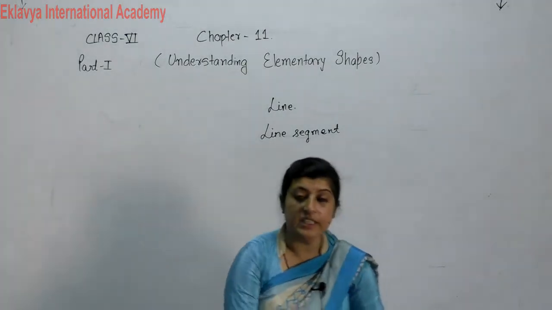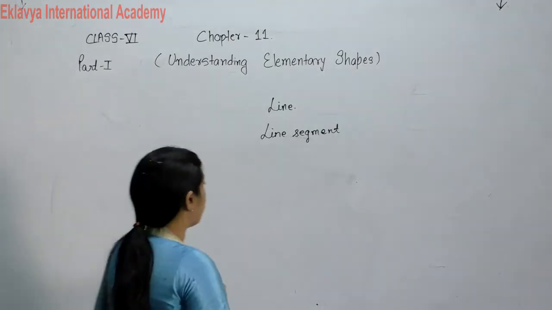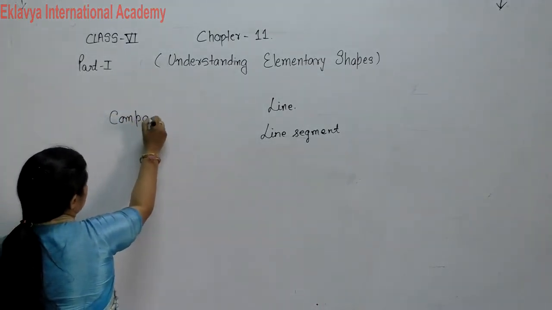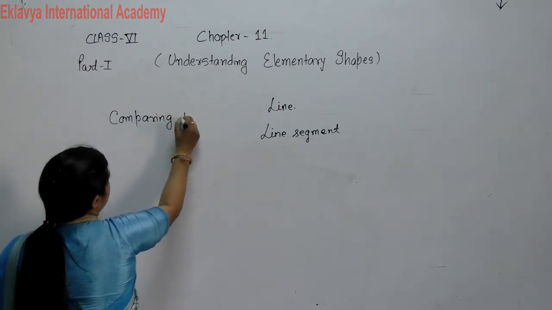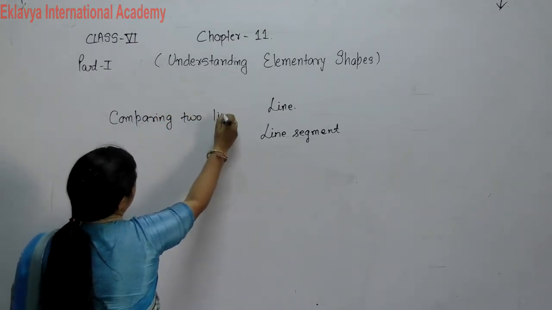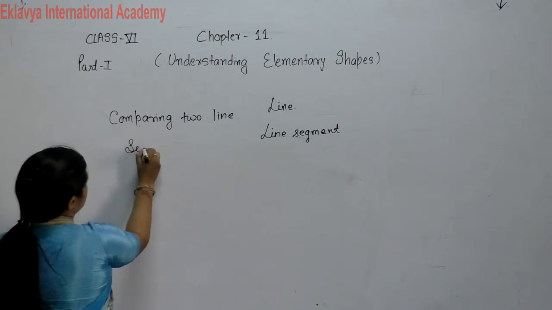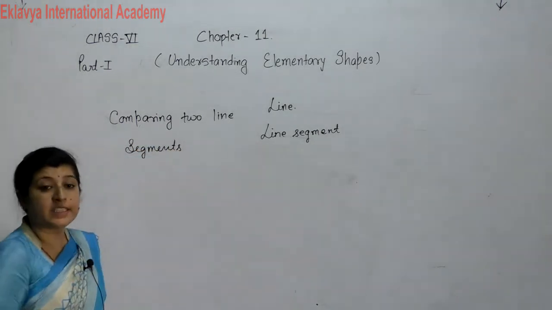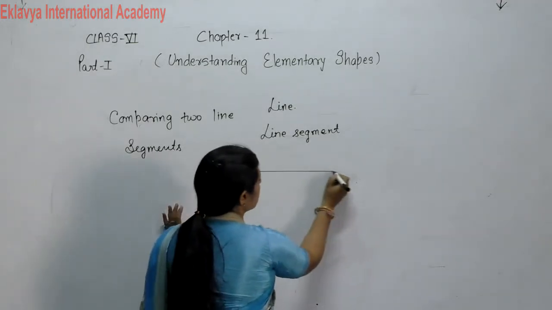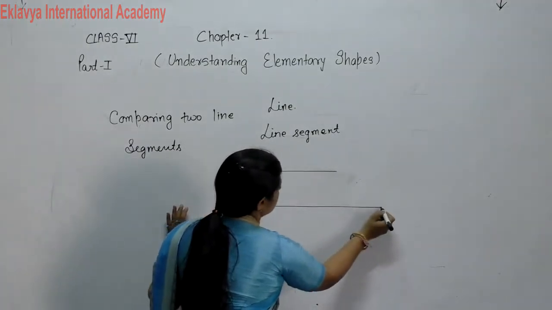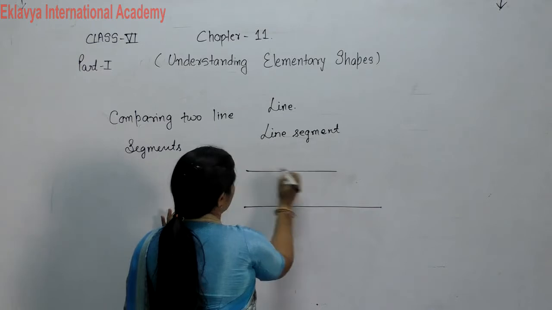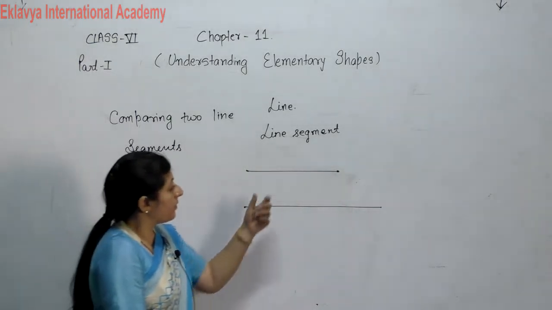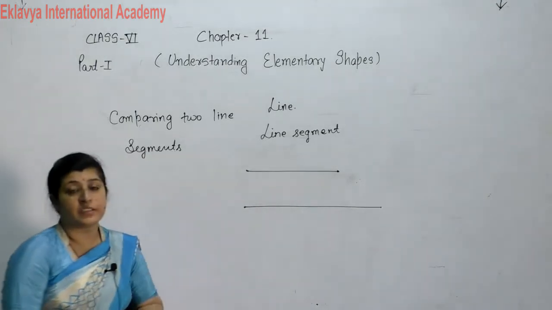Now, there are some ways of comparing two line segments. Your first topic is comparing two line segments. It means we take any two line segments. We want to compare which one is greater, only by observing.